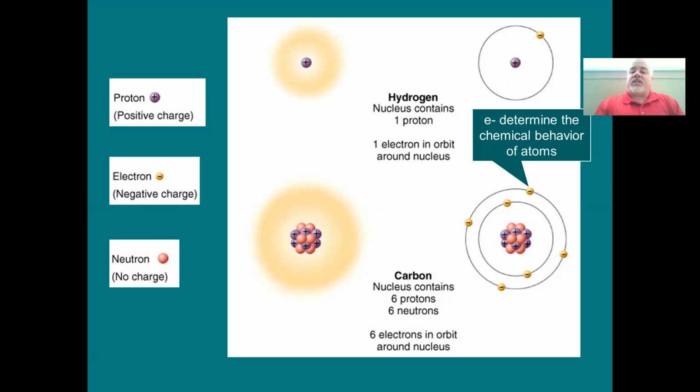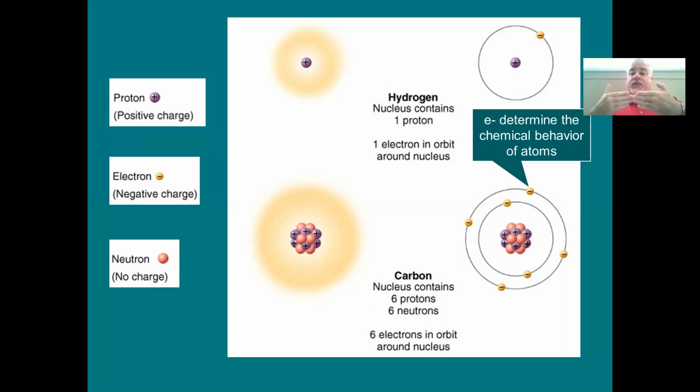Now, hydrogen doesn't exist this way in nature. There are no hydrogens with one proton, one electron. It's extremely reactive and unstable in this form. So it will react with something. And so the hydrogen atom is part of other molecules, or possibly two hydrogens together, H2.